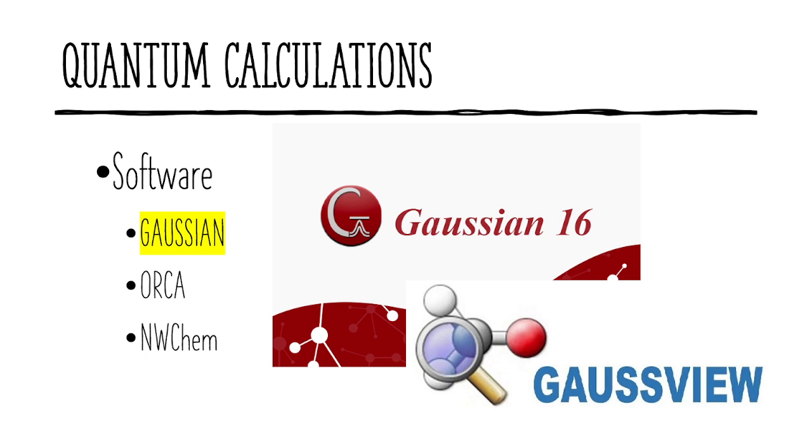It usually comes with GaussView software that allows you to build the molecular structures and create settings for a specific calculation, and then create the input file to run in Gaussian. There are also a few more software packages that are used, such as ORCA and NWChem, etc.